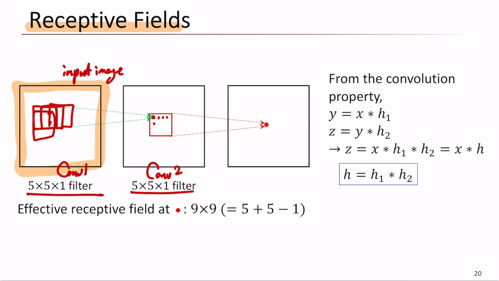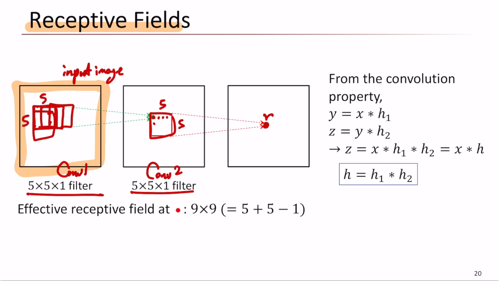Then after convolution 1, when we consider convolution 2, one output of convolution 2 is related to this one. In this case, a 5 by 5. So this single layer was 5 by 5, right?